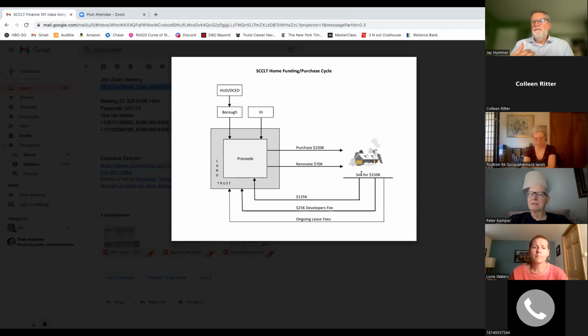Normally a developer would develop something and there's a profit that they take a slice of. Basically the developer fee is all the profit, because they have their costs, they build something, and all the profit is what's left over as their developer fee. But in this case, our developer fee is really, we could call it an overhead allowance.